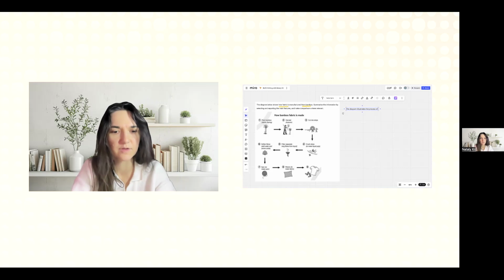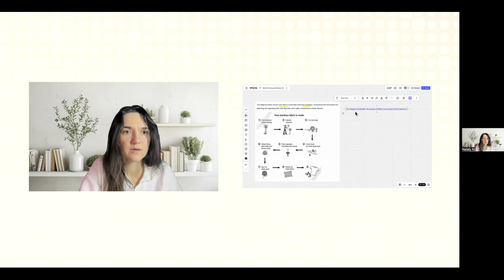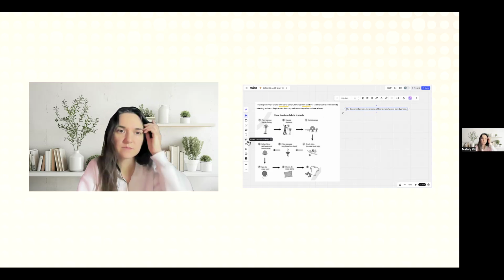Of fabric manufacture from bamboo. This is actually enough. As you can see, we rephrased the task itself.